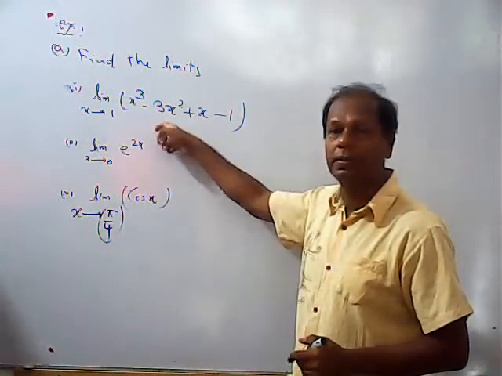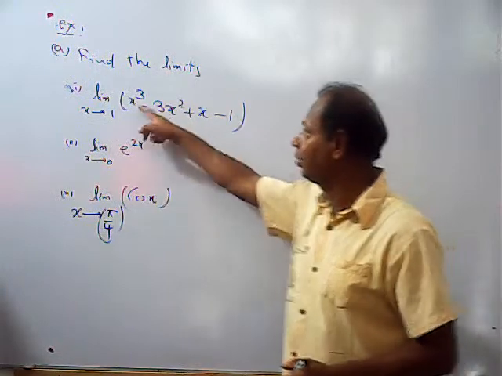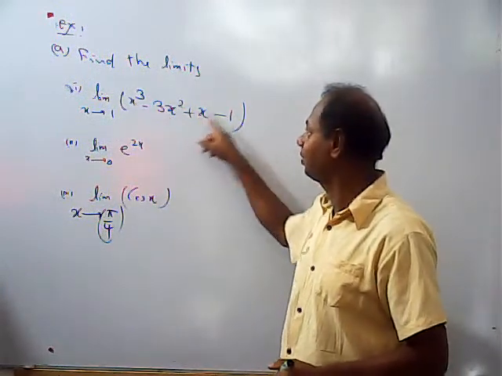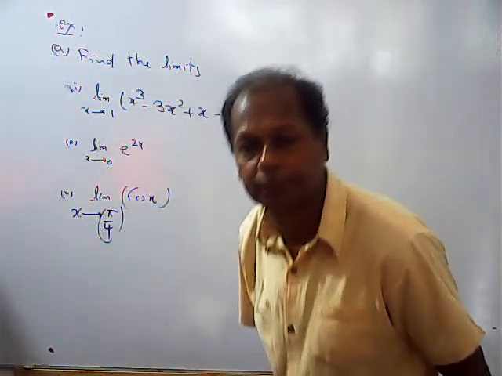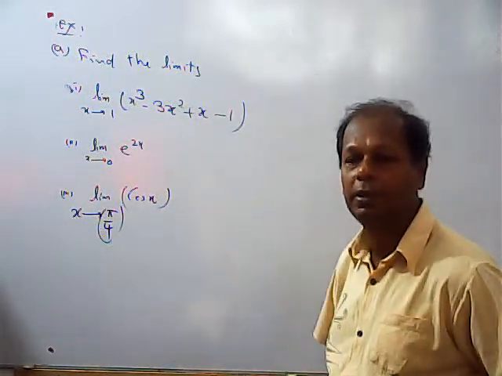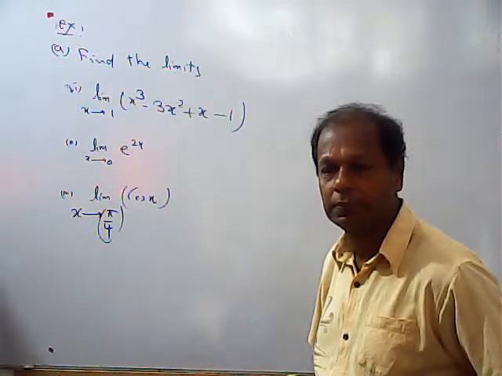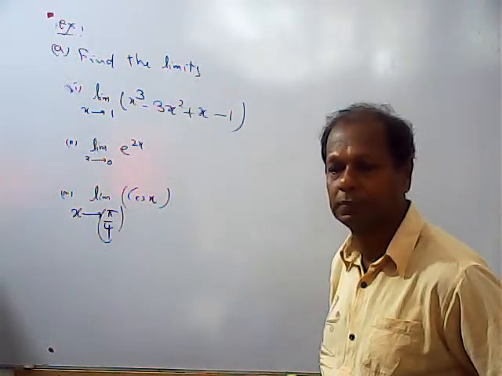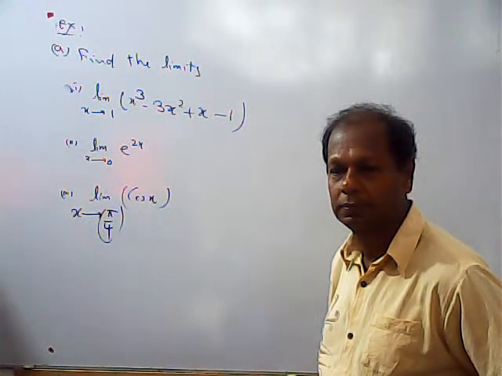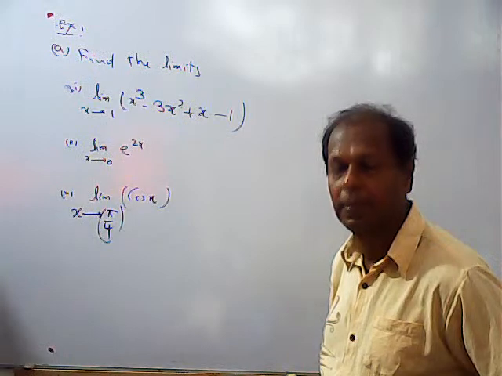Right. Now, what is the answer? Part 1, x cubed minus 3x squared plus x minus 1 as x goes to 1. What is the limit?